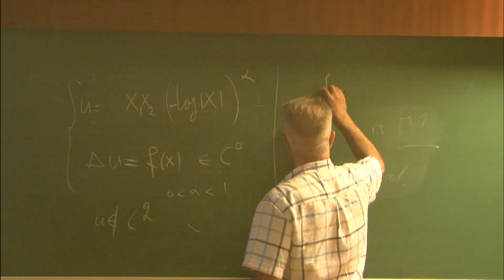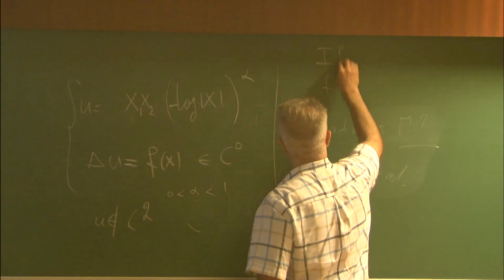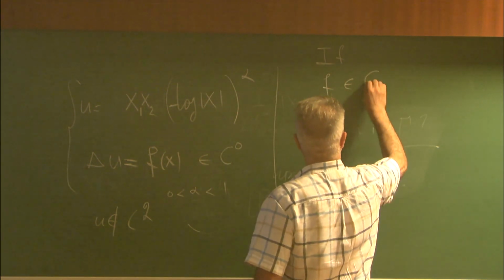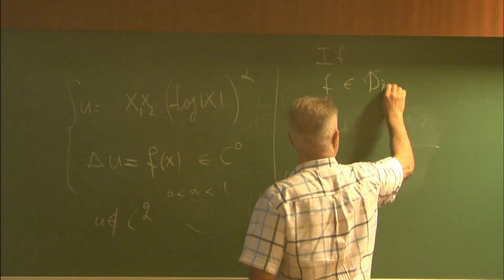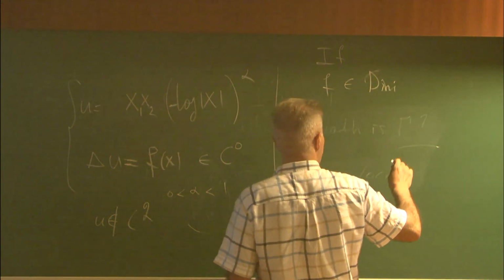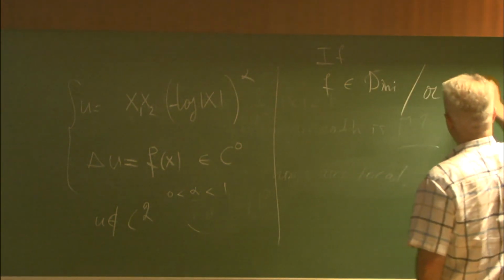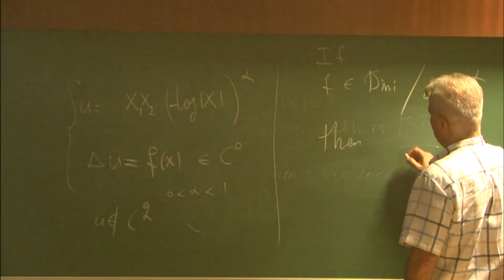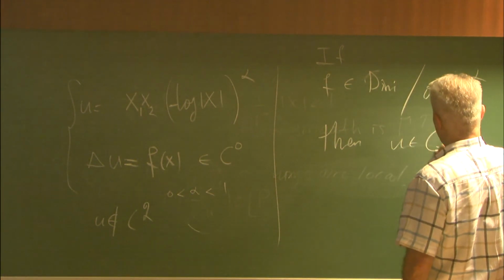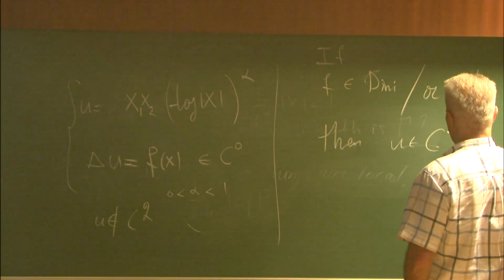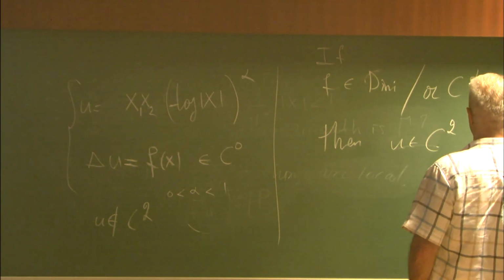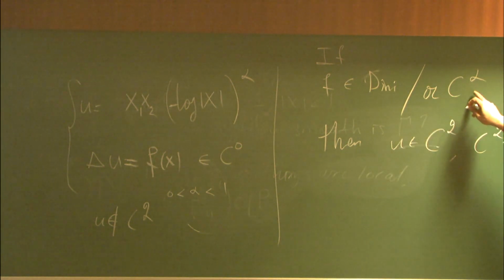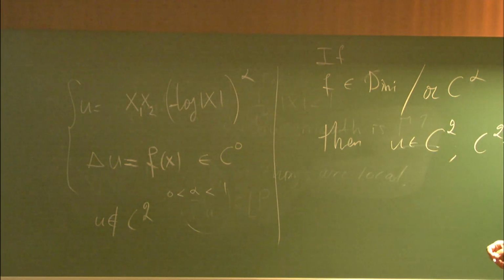If generally f is Dini, or C alpha, then U is C2, or C2 alpha. If it's Dini, you write C2. If it's C alpha, you write C2 alpha.